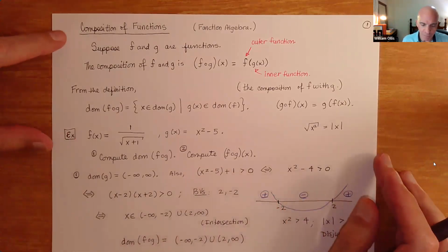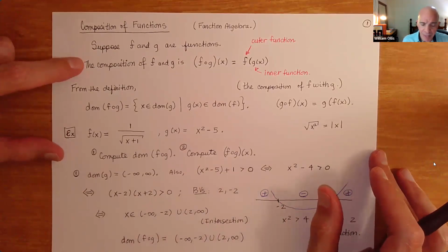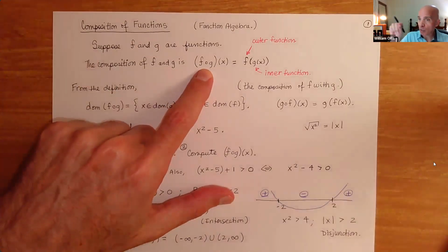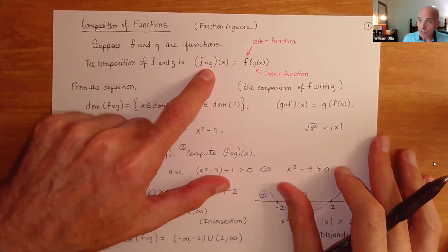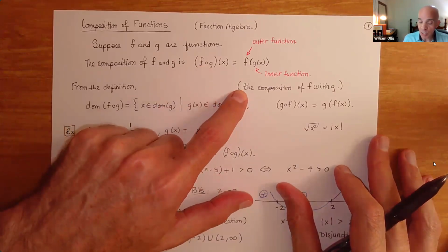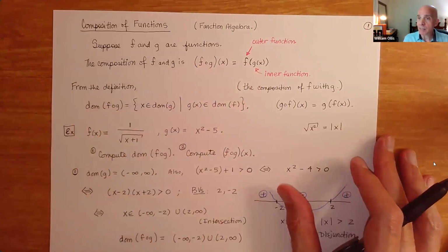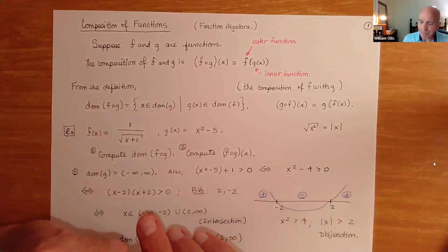As I've written here, suppose f and g are functions. The composition of f and g is written with a 0 or lowercase o, if you speak. F composed with g, or sometimes written the composition of f with g, is f of g of x. And you're thinking that's pretty simple.